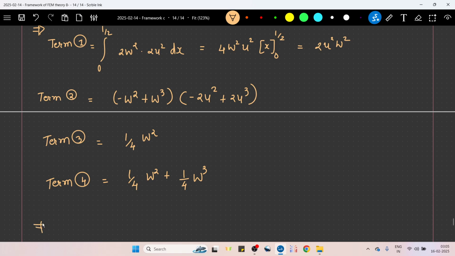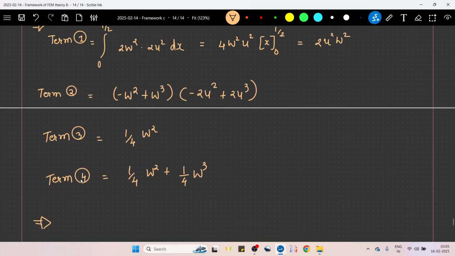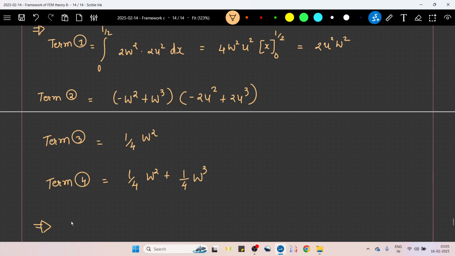So I will write the weak discretization form after applying boundary condition. So it is going to be 2u2 w2, this one, plus this one, minus 2u2 plus 2u3 is equal to this plus this.